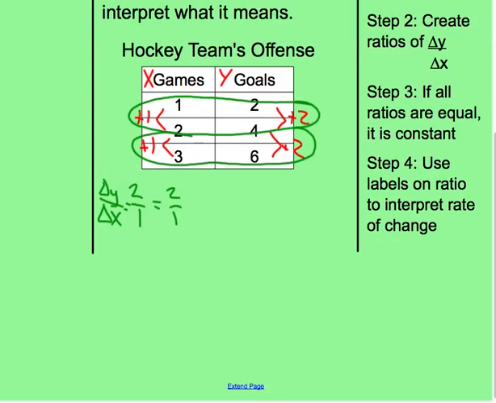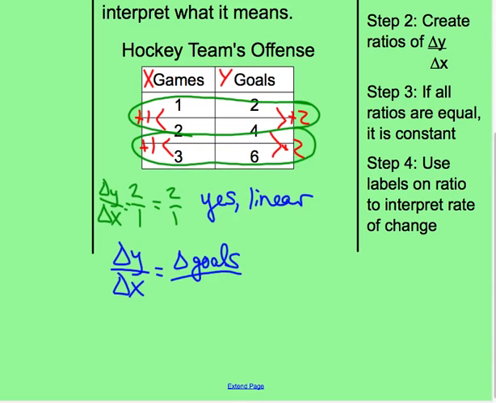So first of all, let me answer the question. Yes, it is linear, or constant rate of change. And then secondly, if I label my change in y and change in x, my change in y was change in goals, and my x was change in games.